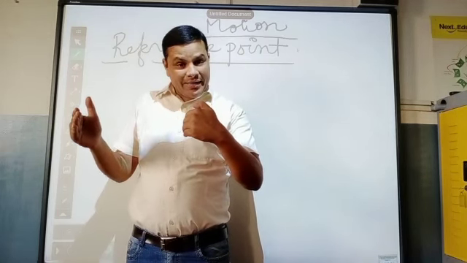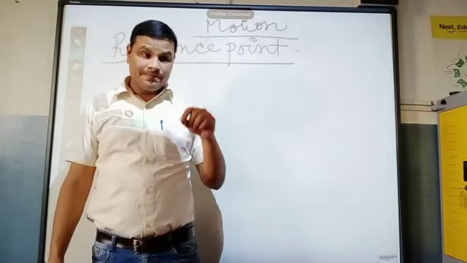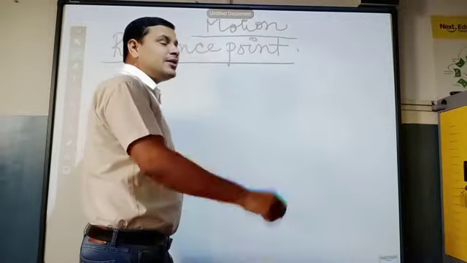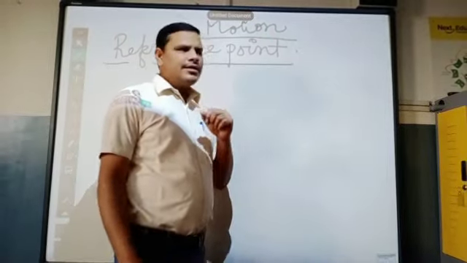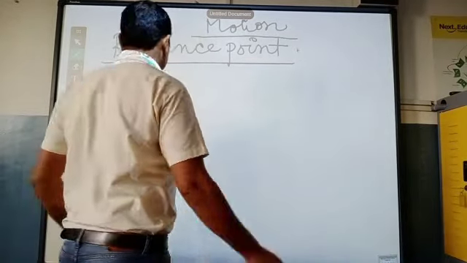That means you are in motion with respect to your home. In this position, your home is a reference point. Now, if you know the reference point, then you can easily differentiate between rest and motion.